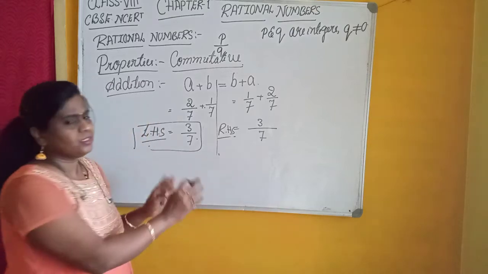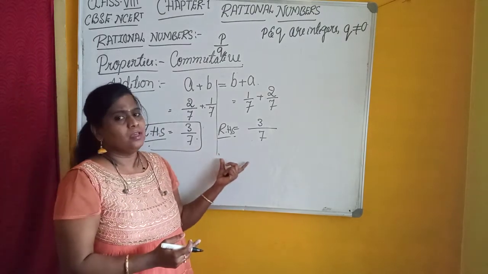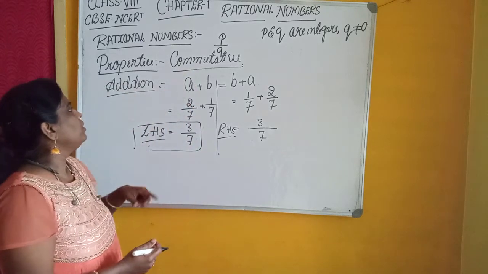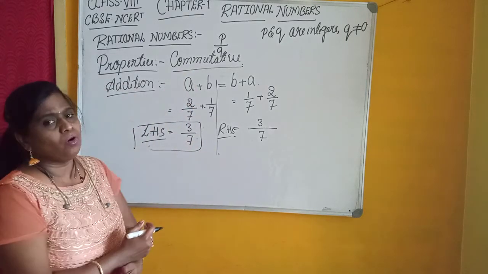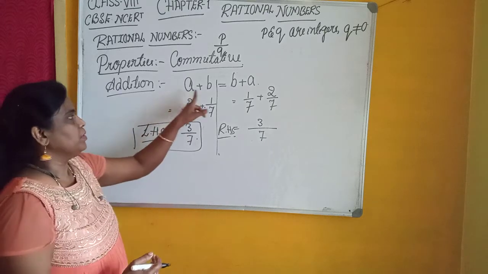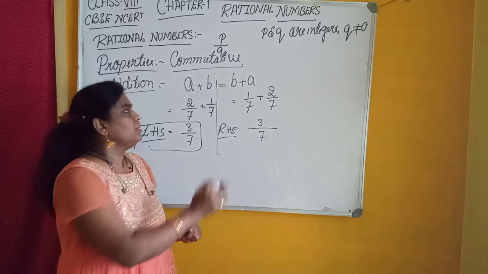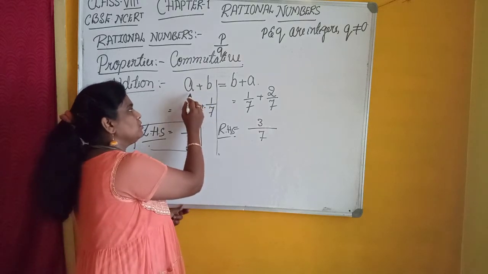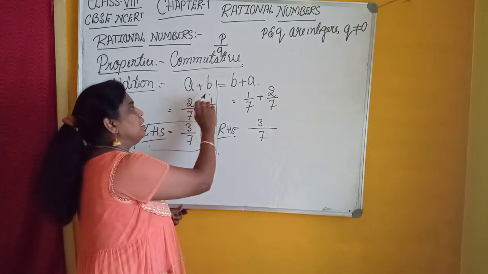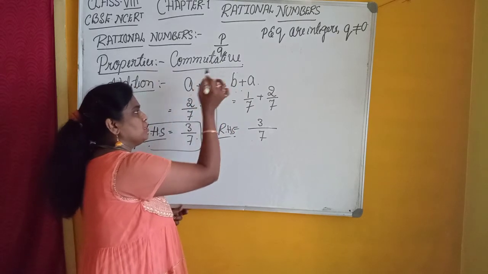By comparing LHS and RHS, we came to know that LHS is equal to RHS. Therefore, the commutative property of addition holds good for rational numbers. If you add the rational numbers in any order, here we are taking the first rational number and the second rational number, and here the second rational number and the first rational number.